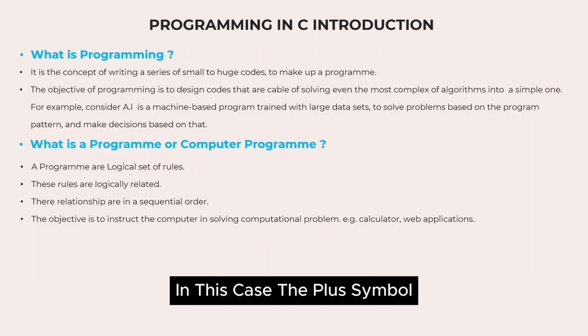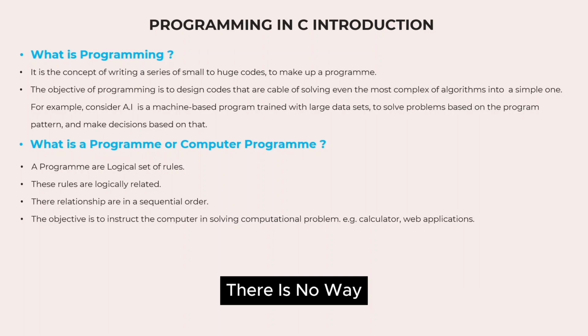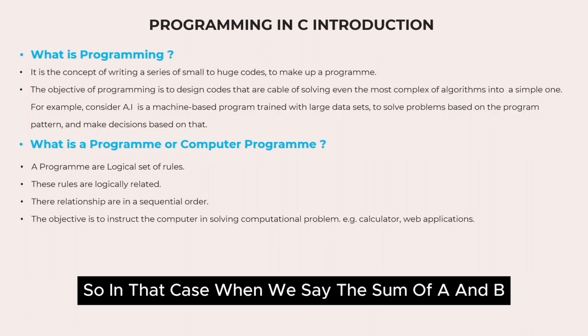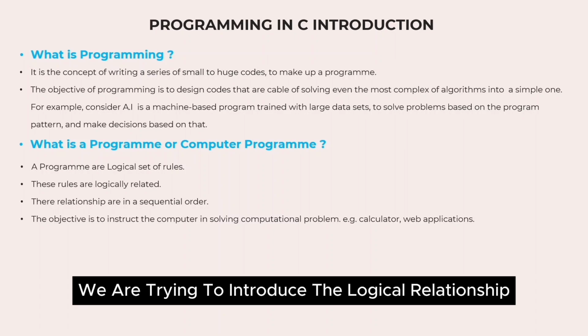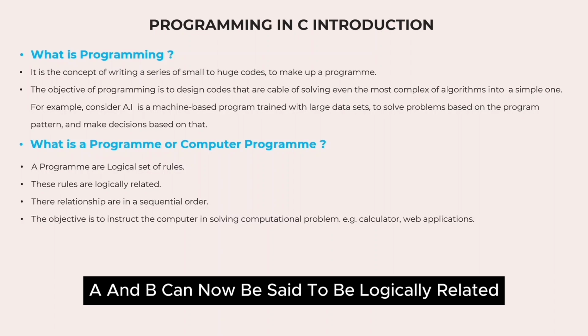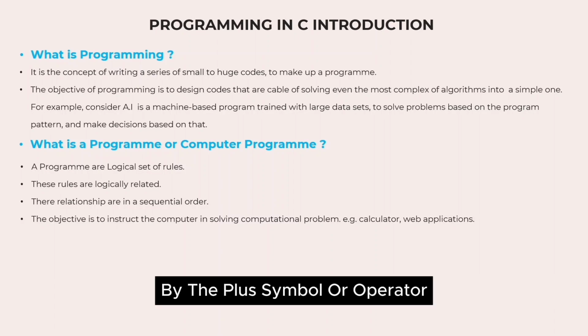In this case, the plus symbol. And without the plus symbol, there is no way these two values can relate with each other. So in that case, when we say the sum of a and b, we are trying to introduce the logical relationship, which is the plus symbol. So a and b can now be said to be logically related by the plus symbol or operator.